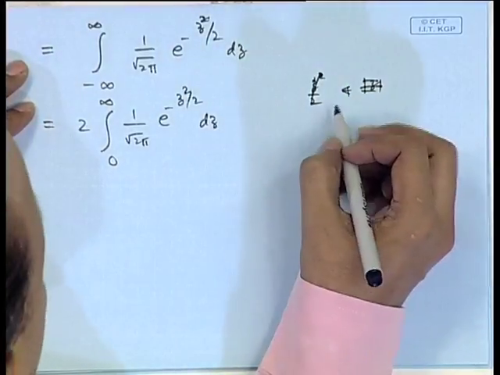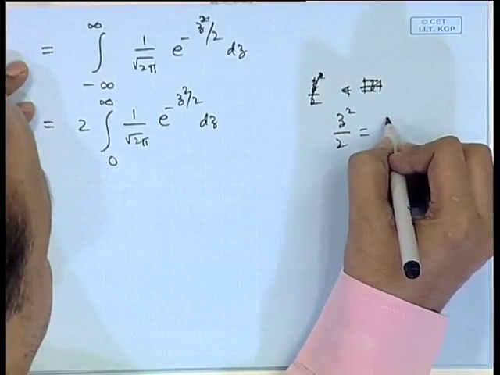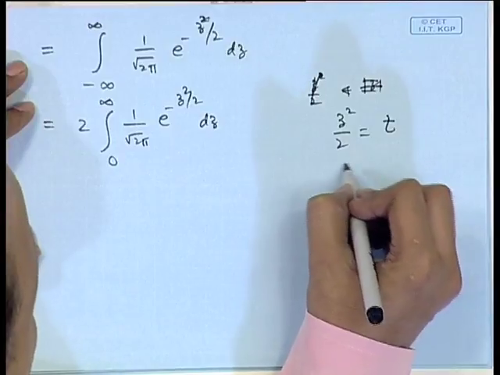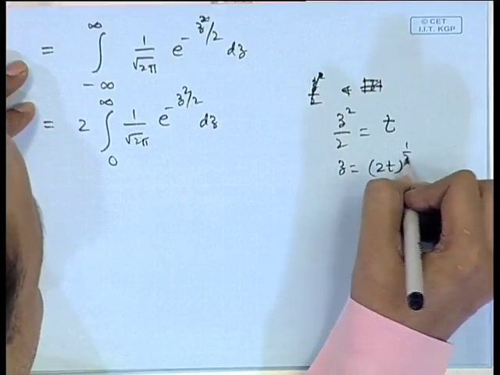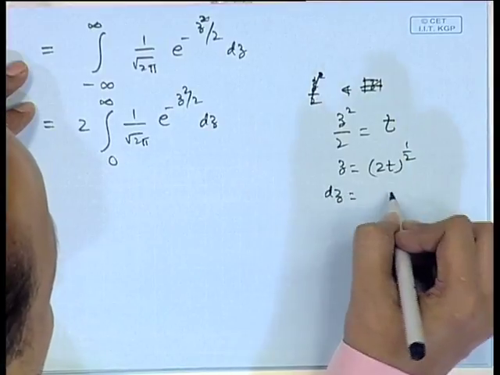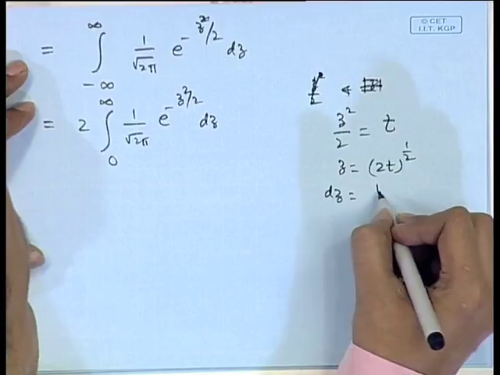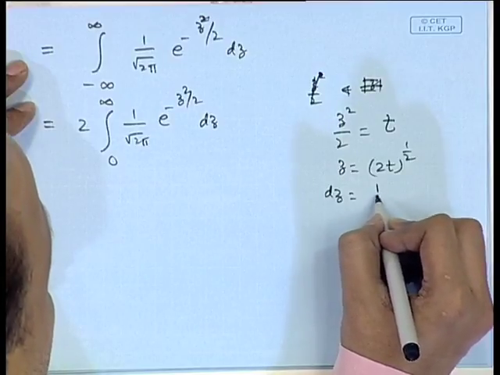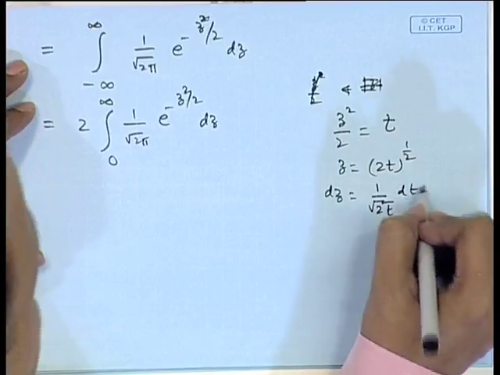Over the range 0 to infinity, we can substitute z square by 2 equal to, say, t, that is z is equal to (2t) to the power half, and dz is equal to 1 by root 2t dt.